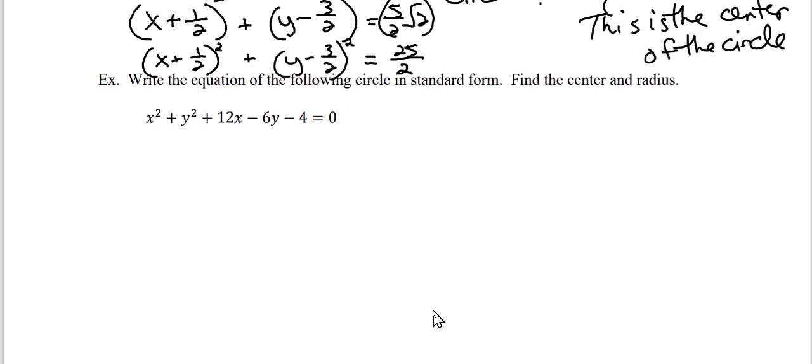One thing we do need to look at is, what if the equation that you're given is not written in that standard form? It's not written as x minus h squared plus y minus k squared equals r squared. That is the most valuable form to see a circle in, because you can easily read off the center and the radius.